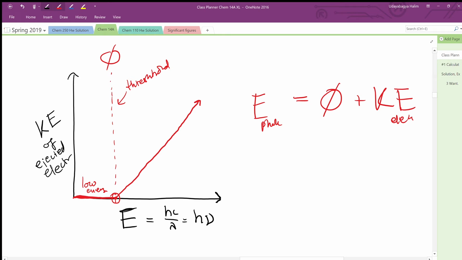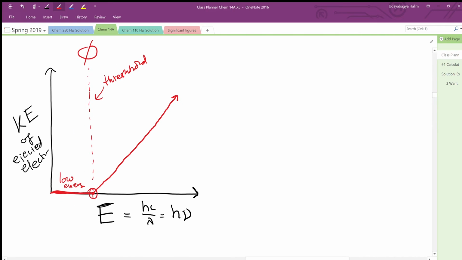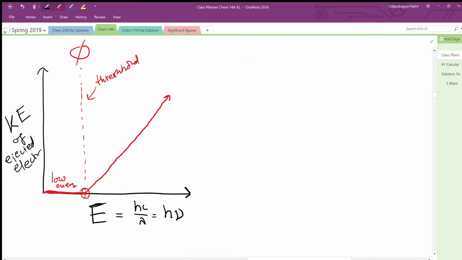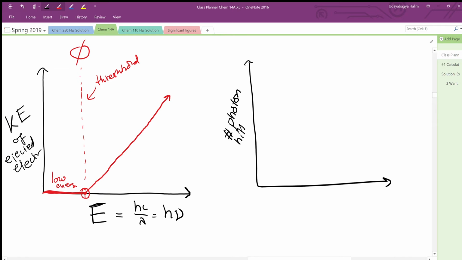So that's one. So how about if I were to ask you to draw, well, why not? Why don't you try to draw this on your own as well? What if we have a number of photons hitting the metal?